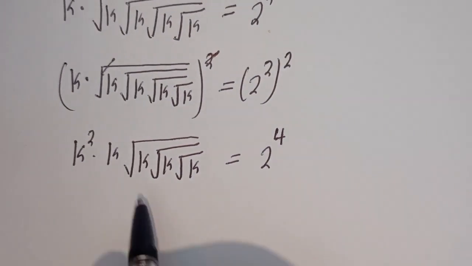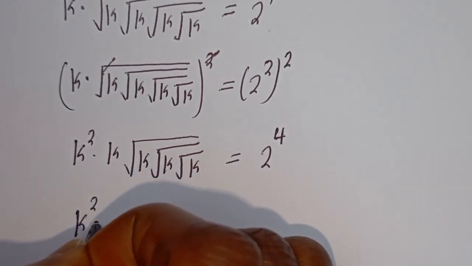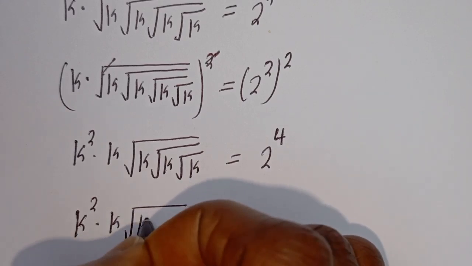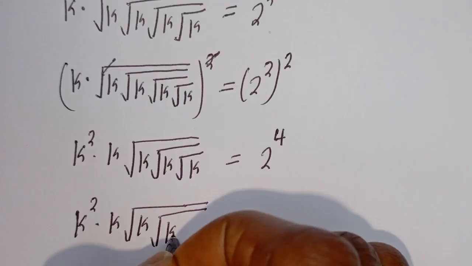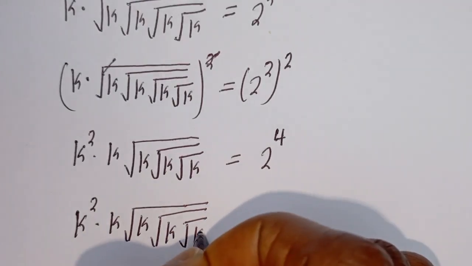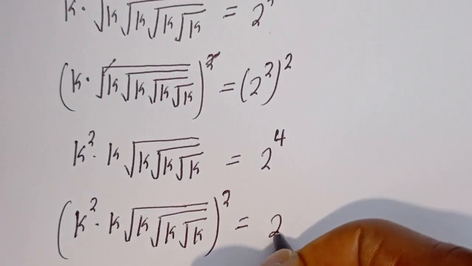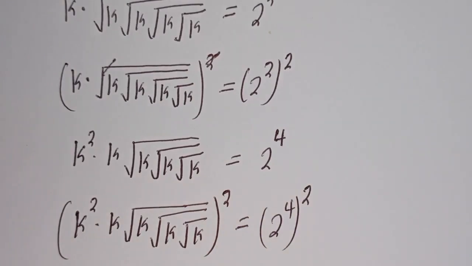Now let's square both sides of this equation again. We have k squared multiplied by k, square root of k, square root of k, square root of k, all squared, is equal to 2 to the power of 4 squared.